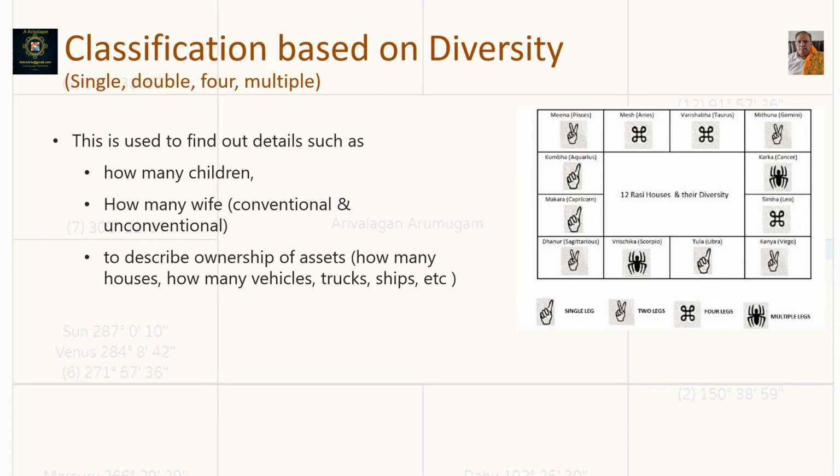And in Kumbha Rasi, the pot is also one. But in case of Vrichika Rasi and Karagha Rasi, they have multiple legs. So this is very, very important. We have to know this when we apply it for knowing other details like marriage, number of children and ownership of assets.